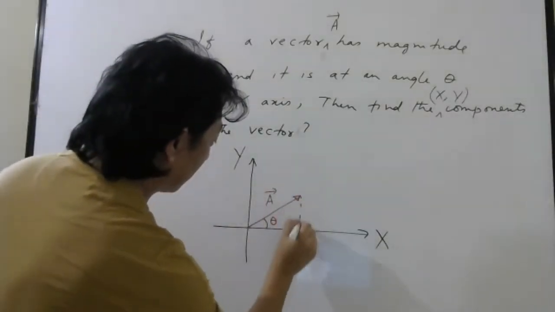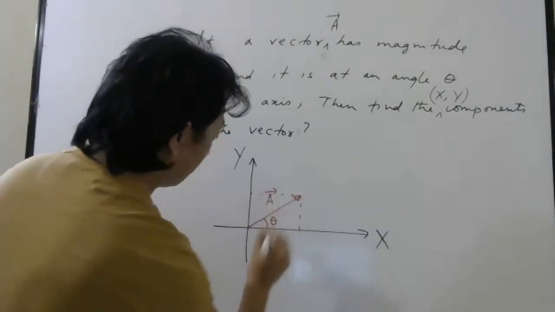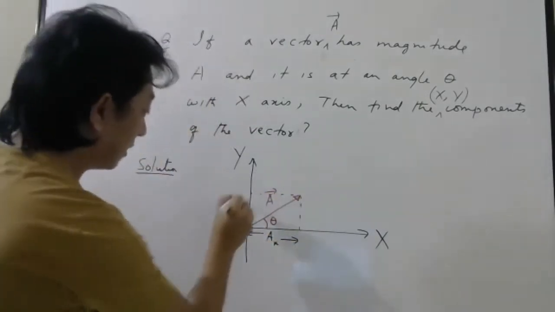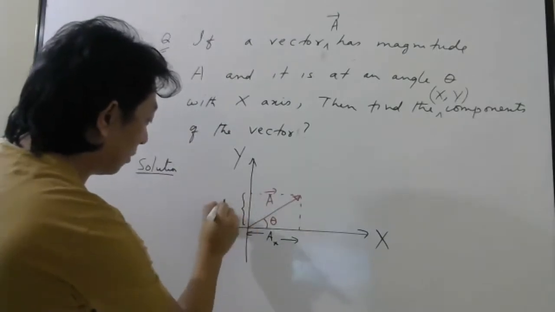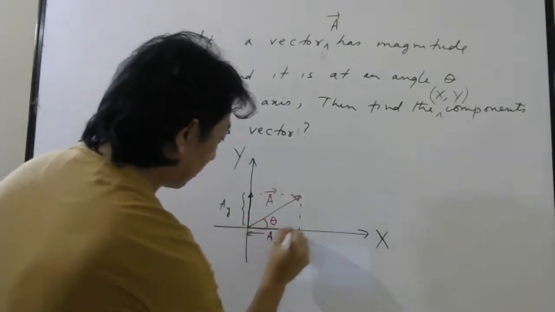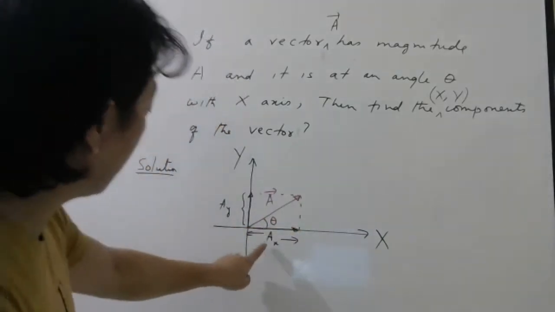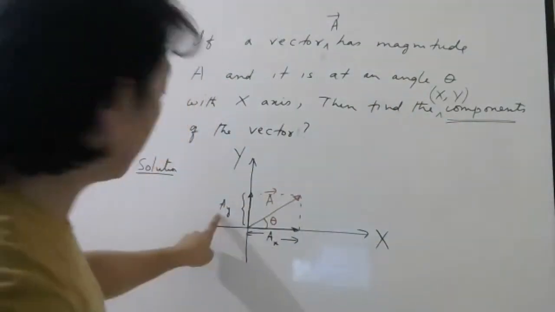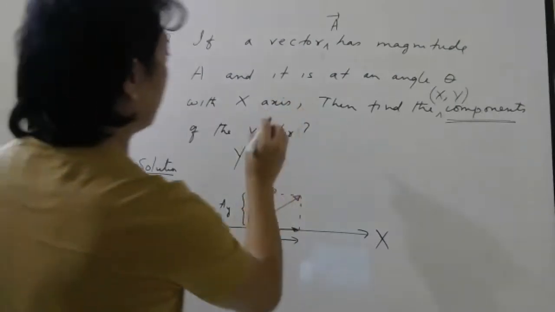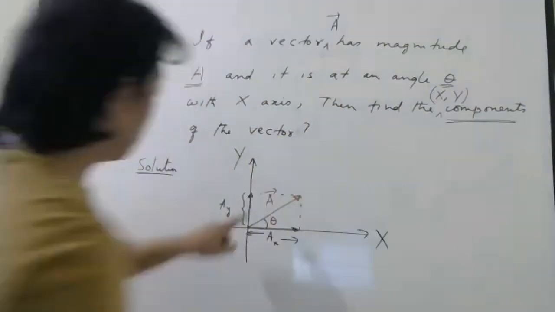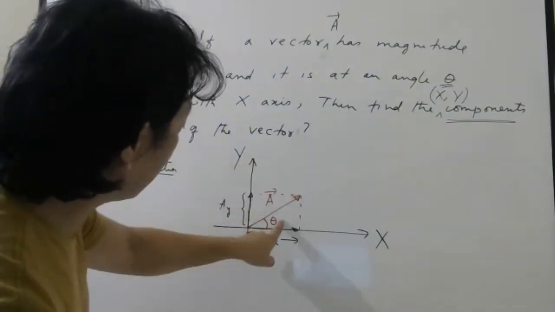Let me construct this parallelogram. This is your x component, which I write as ax, and this is your y component, which I write as ay. I want to find ax and ay in terms of the given quantities. What are the given quantities? A and theta. This length is given, this angle is given.